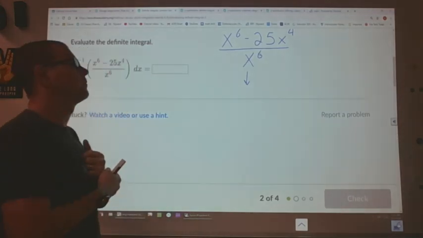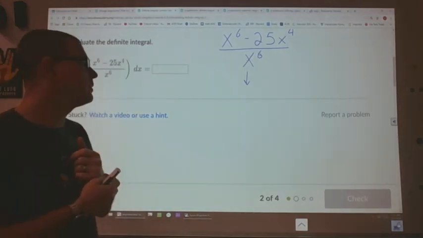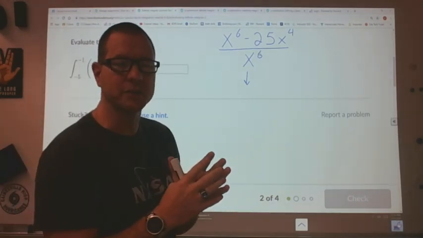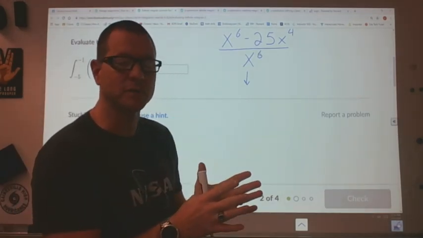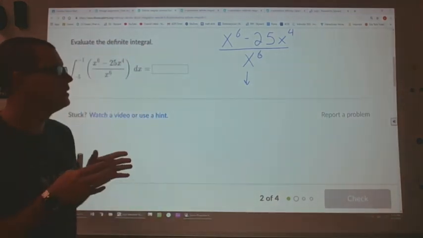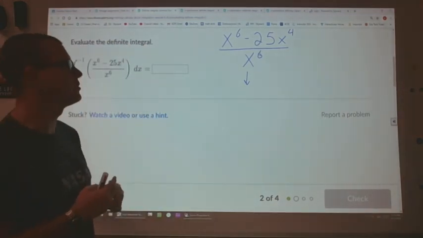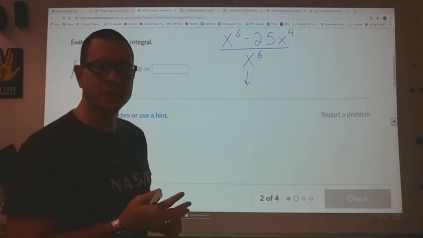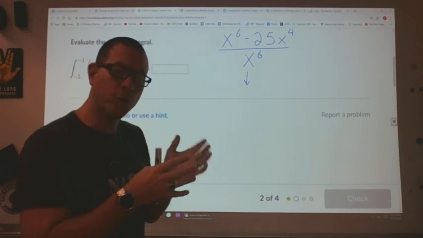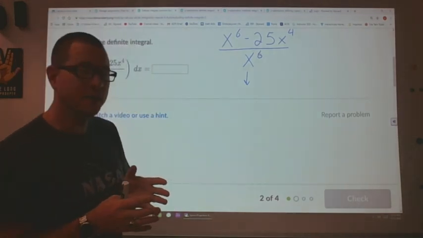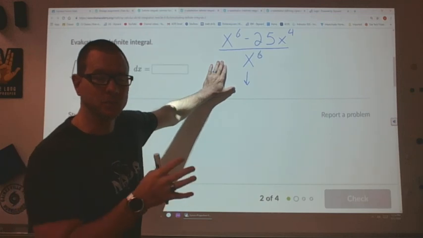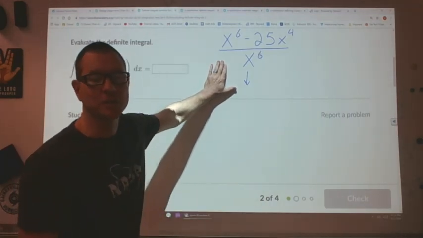Now, in algebra, a lot of times we want to push expressions together so it's a single item that we have to work with. So everything is kind of contained in one expression. But for calculus, because the derivative and the integral can be performed term by term, a lot of times when we're dealing with something like this, we want to break it up as much as possible into as many simpler terms.